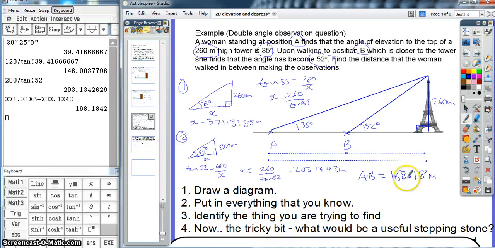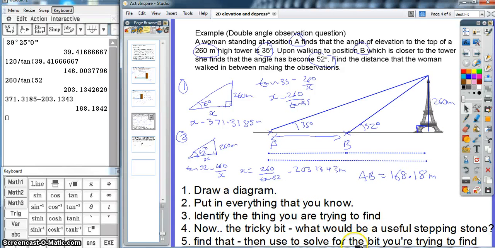There we go. That's the distance that she walked in between the two places. So the last step in what we've just done: identify the stepping stones and then use them to solve the bit that we're trying to find.